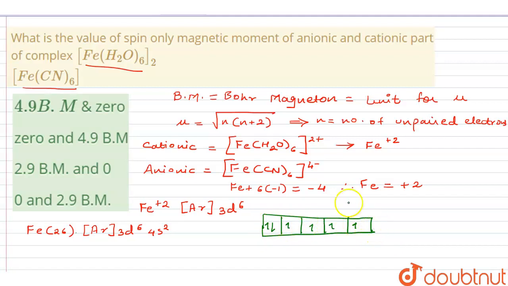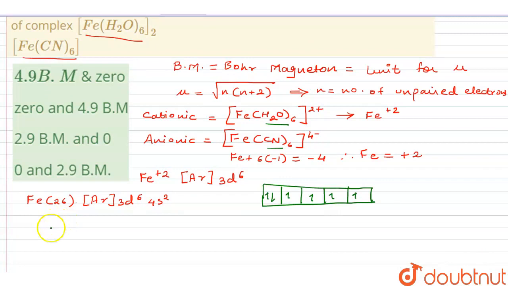Now, in the cationic and the anionic parts of the complex, we have 2 different types of ligands approaching Fe2+. In the cationic part, I'm having the approach of the H2O ligand. This is actually a weak field ligand. So whenever it approaches Fe2+, it will never enable internal pairing of the unpaired electrons present in its ground state.